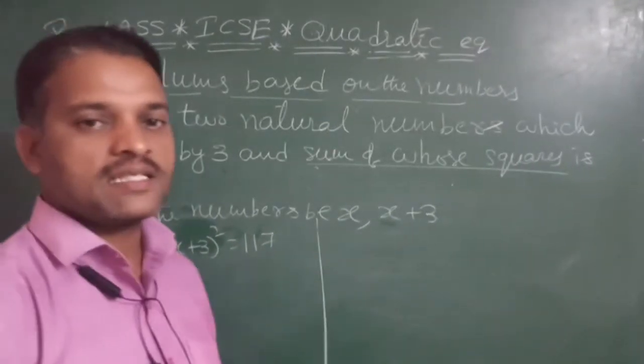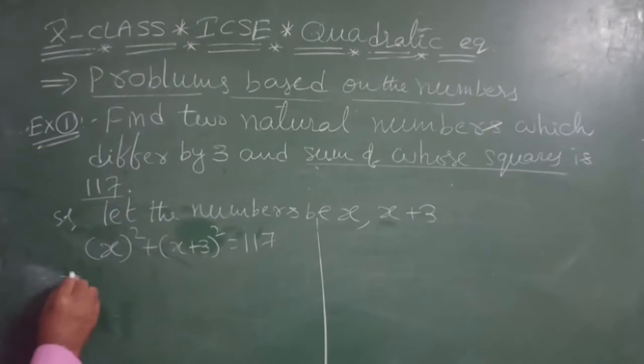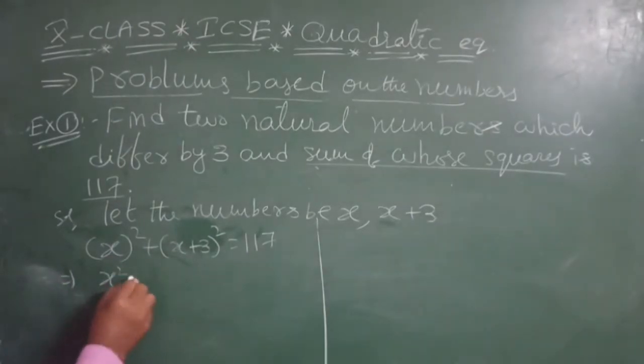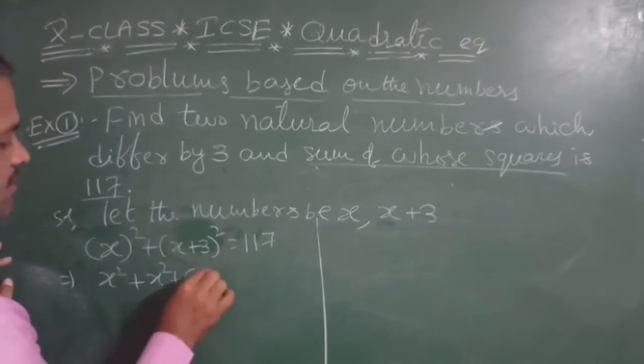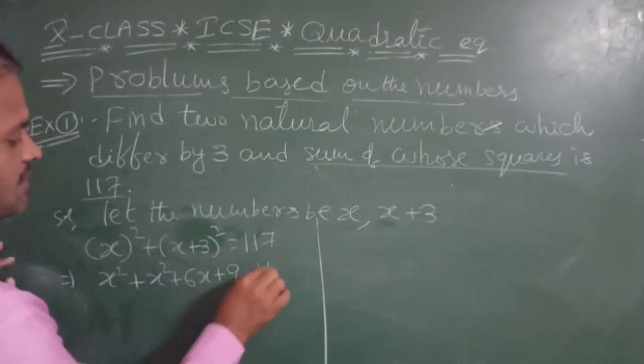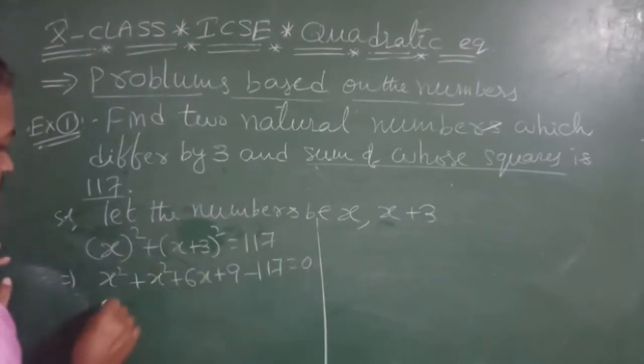Clear? Now expanding (x plus 3) whole square, we get x square plus 6x plus 9 minus 117 equals 0.